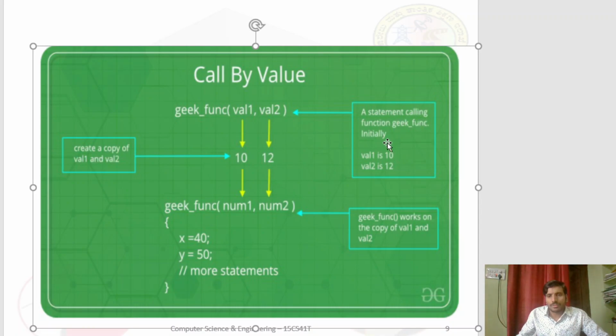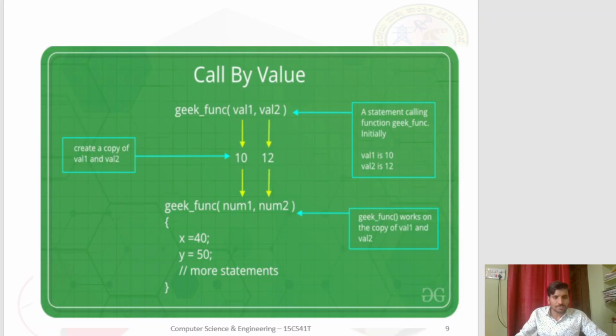Right? A statement calling function geekFun, initially it is 10 and 12, and only copy of the variable value1 and value2 is passed, and no effect taking place on the calling function. Okay, students.